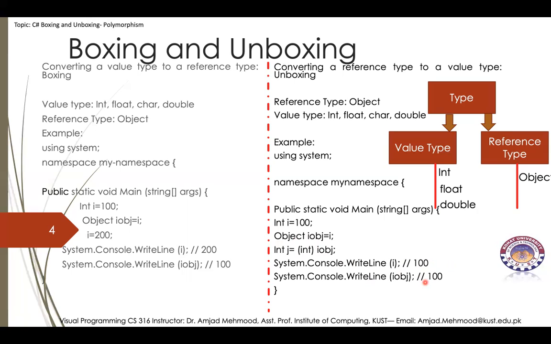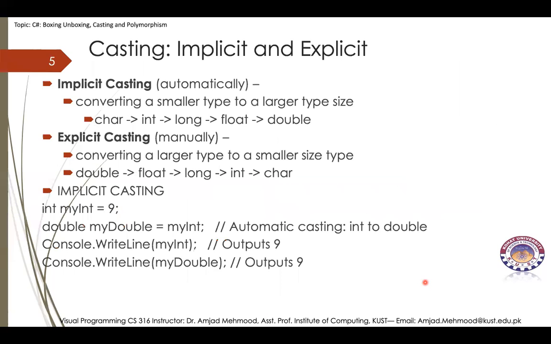So when you convert the value type to a reference type, this is called boxing, and when you convert the reference type to a value type, this is called unboxing. Now let's start with casting. I explained that in my second or third lecture, if you remember.